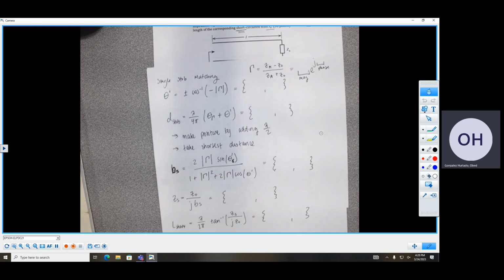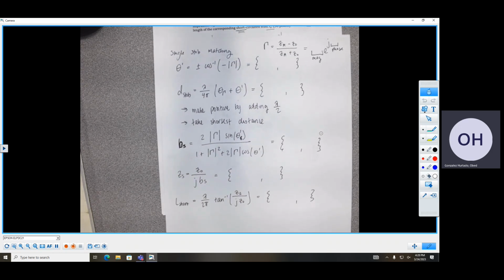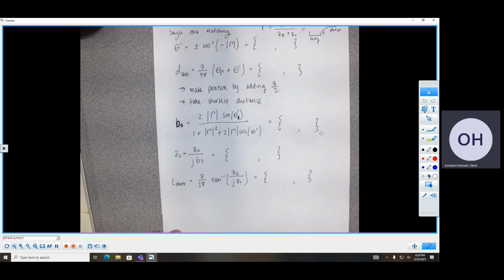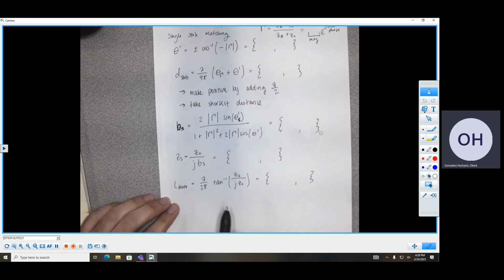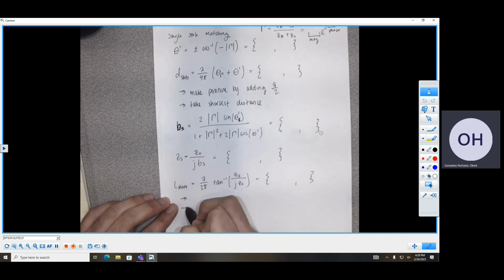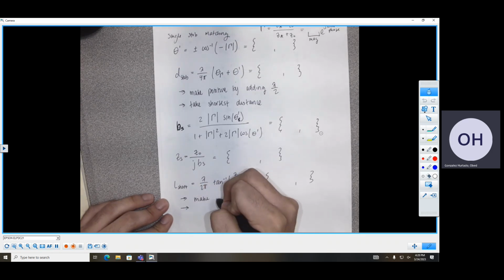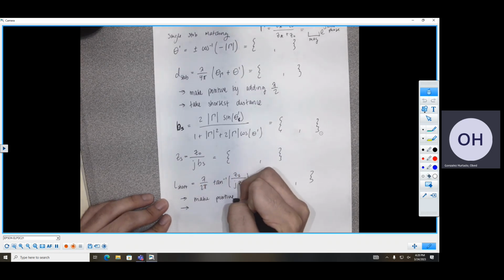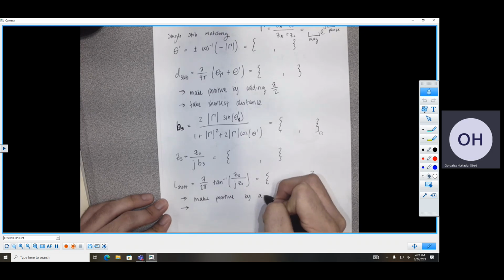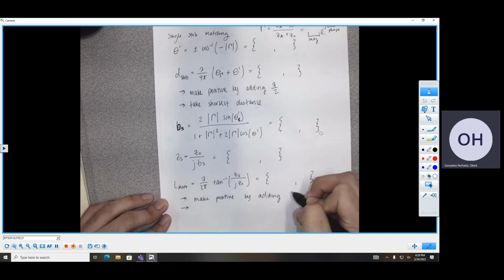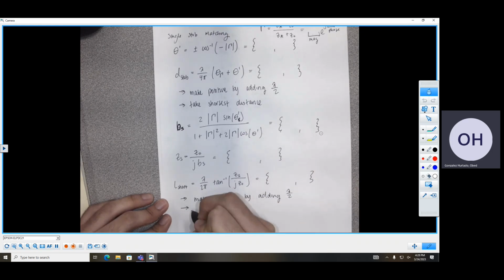Can you move it? Okay. With this one, we'll make the same note as well. We'll make them positive. And then we'll take the shortest distance.